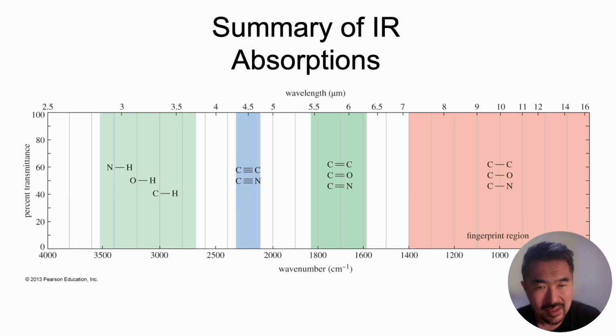But the main thing that I want you to be able to discern going forward, especially starting in the next video, is how to discern all the peaks that show up in these IR spectra. Like I said, this is the fingerprint region. The non-fingerprint region roughly breaks down to three areas.